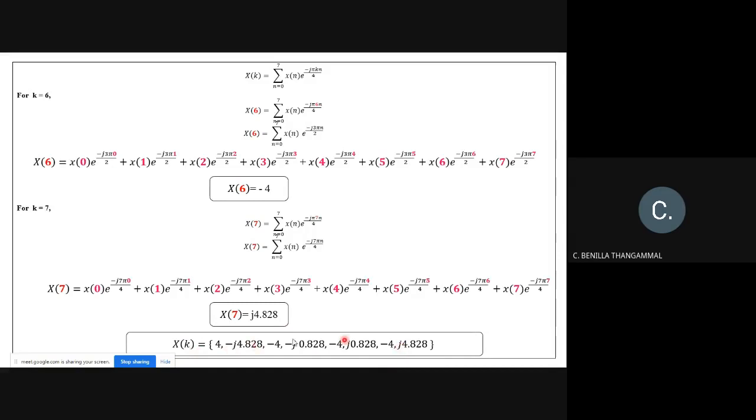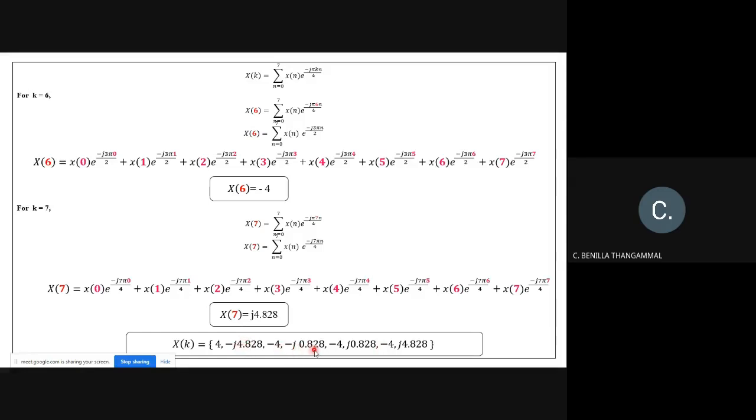So here you have to note down one thing: your x of 0 and x of 4 are going to be unique values, right? So for the remaining, x1, x2, and x3, you'll be getting these values, and then x5, x6, x7 will be the complex conjugates of the first three values.